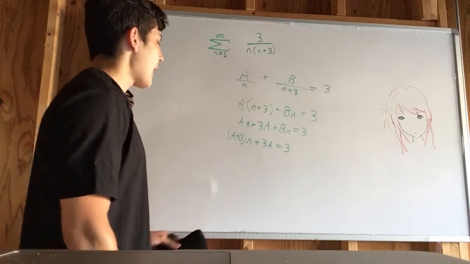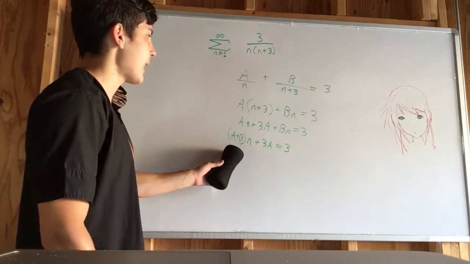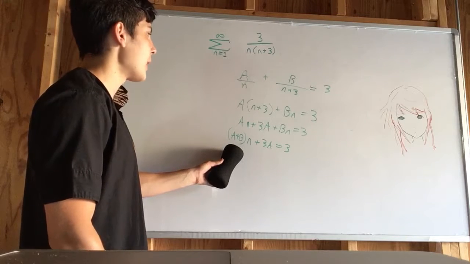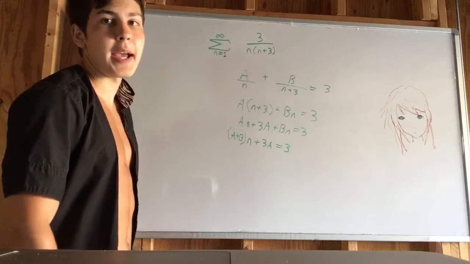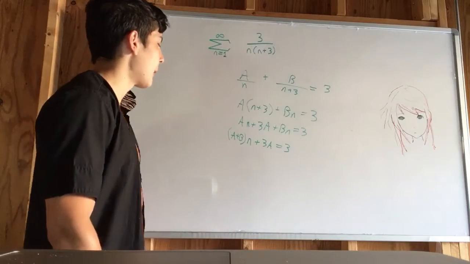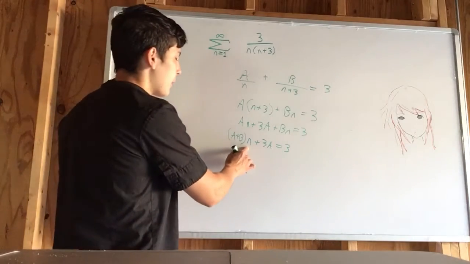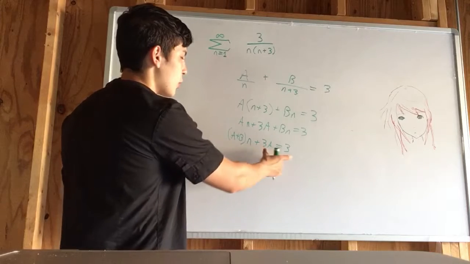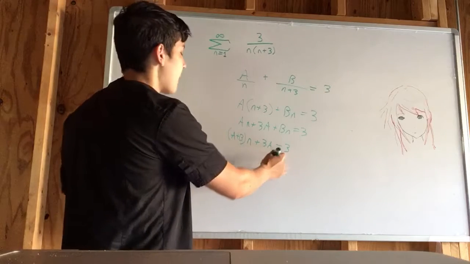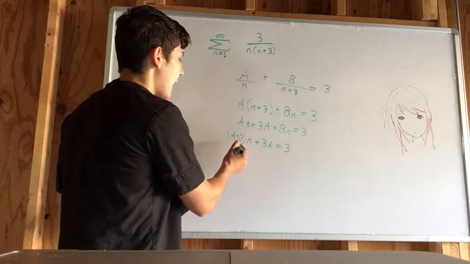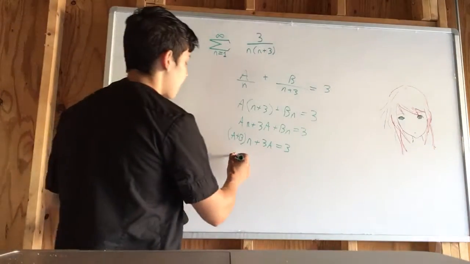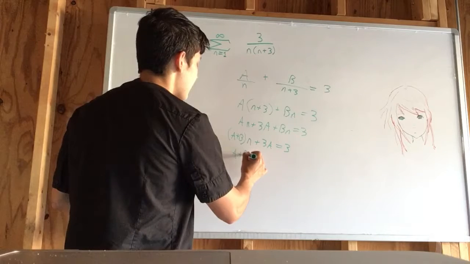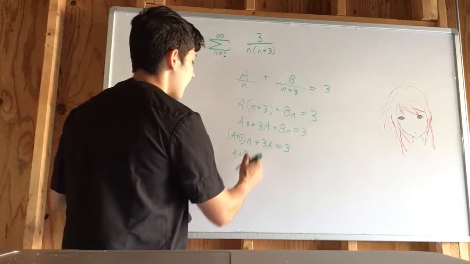So this has to go to 0, for the reason being that we don't actually have a term with an n up in that numerator. So this n here must disappear because we need 3. That means that A plus B, which is the thing being multiplied to n, has to go to 0. So we have A plus B equals 0.